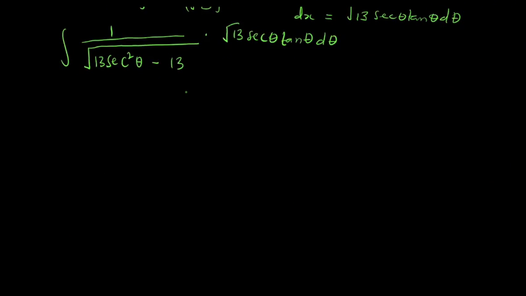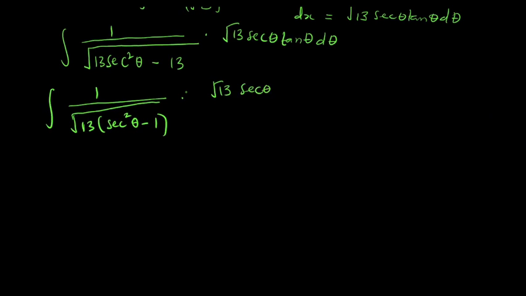So we have the integral of 1 over square root of 13, because 13 is common here, I'll factor it out, sec squared theta minus 1 multiplied by square root of 13 sec theta tan theta d theta.